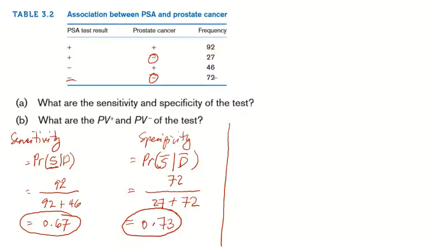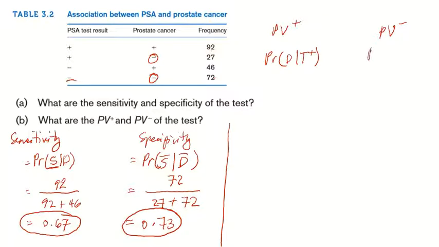Now let's go to our predictive values. So we have a PV plus and then a PV minus. Now for the predictive value positive, that's just the probability of having the disease given that the test is positive.